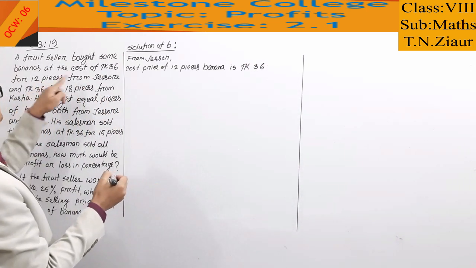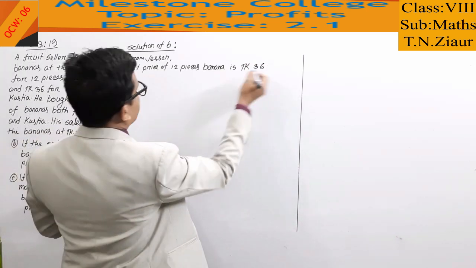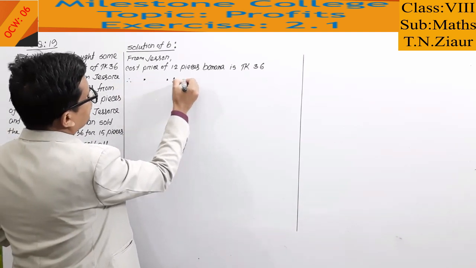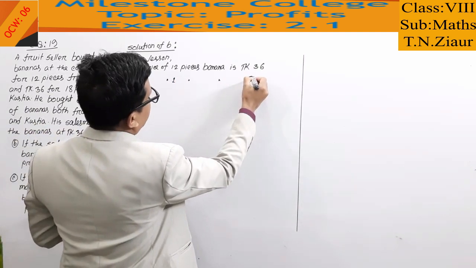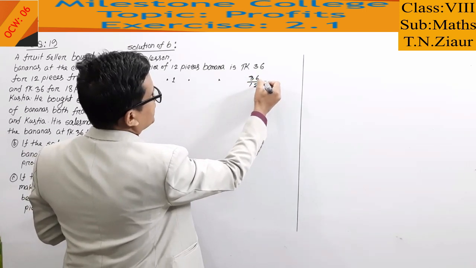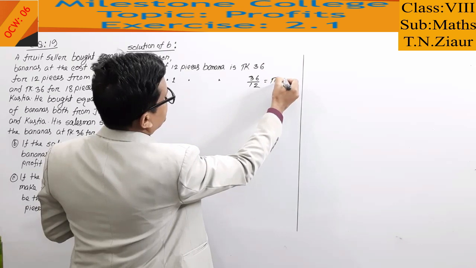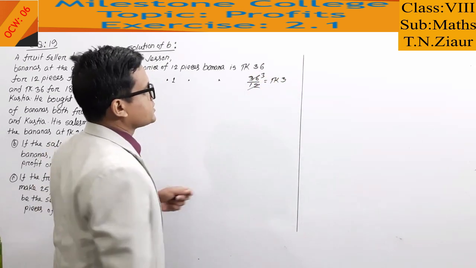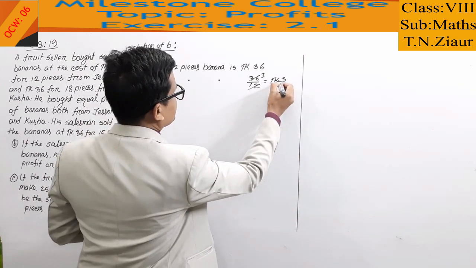So what will be the cost price of one piece? 36 divided by 12, that means taka 3, because 3 twelves are 36. So it will be taka 3.